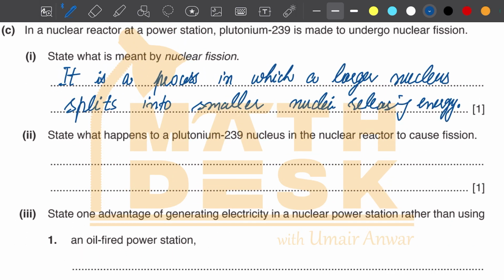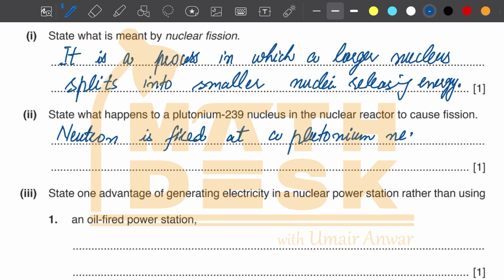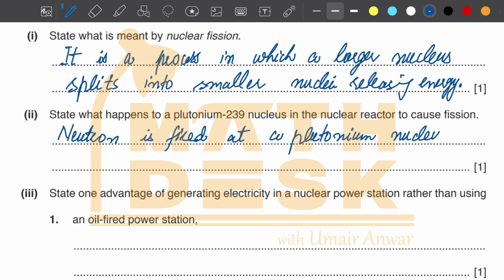State what happens to a plutonium-239 nucleus in the nuclear reactor to cause fission. So in the nuclear reactor, a neutron is fired at a plutonium nucleus, which collides with the nucleus of the plutonium, makes it unstable, and then it breaks into smaller nuclei.